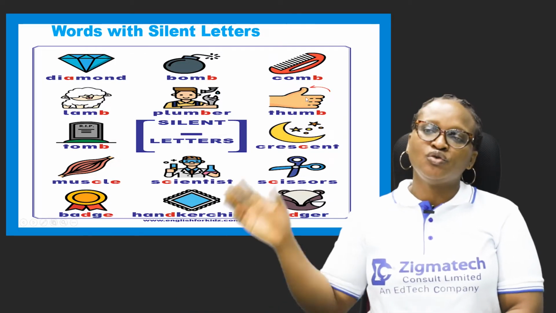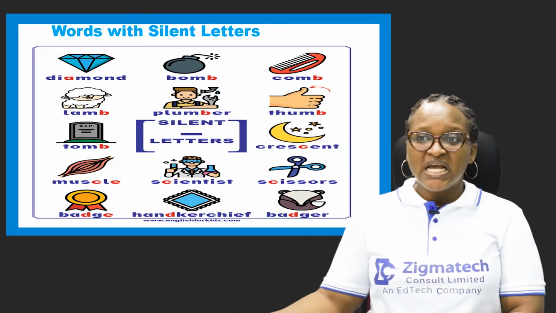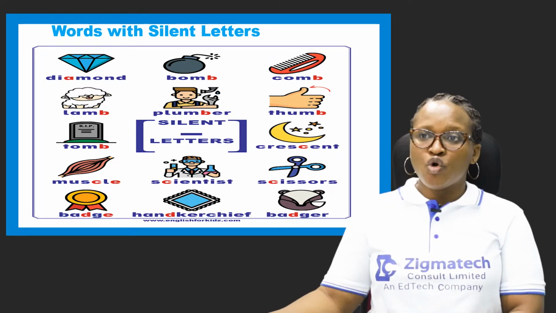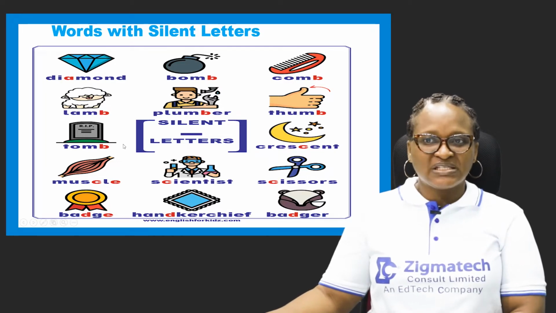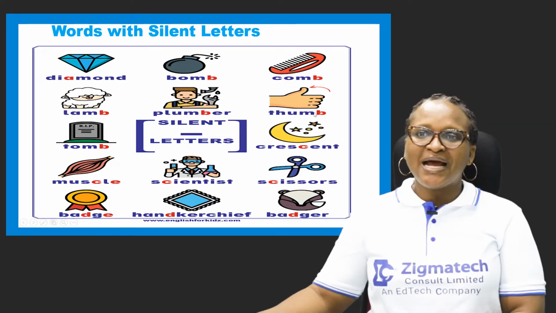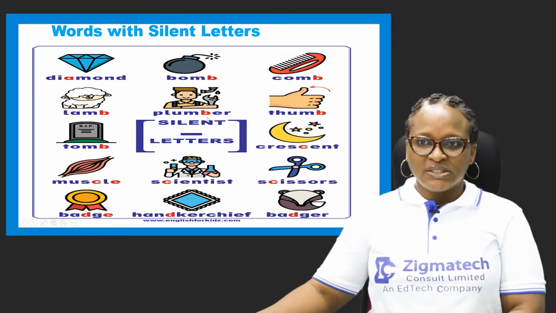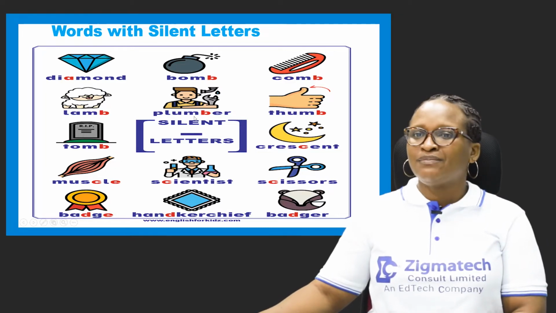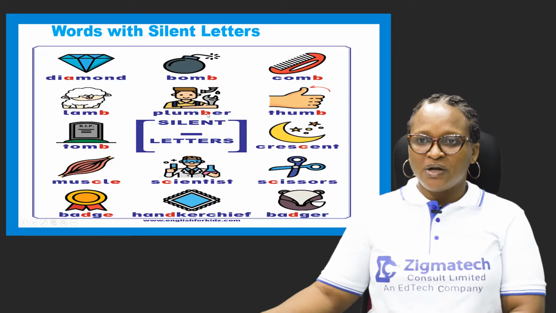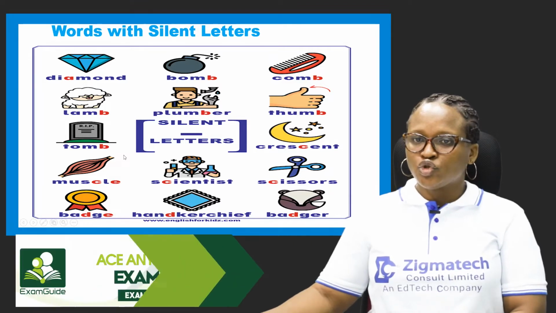What we use to make our hair look neat is the comb, not comb with the B. The B is silent. Lamb, the lamb that was slain. Now somebody that comes to fix our pipe when we have water leakage is called plumber, without the B. Then you have your thumb, and you have tomb.